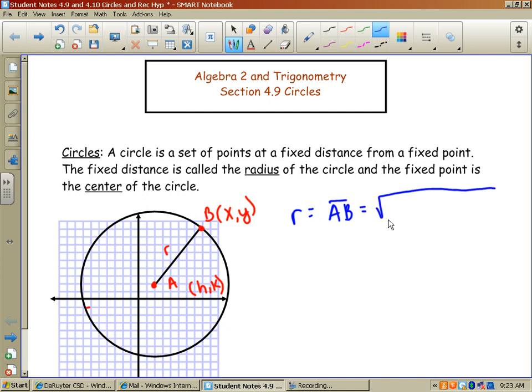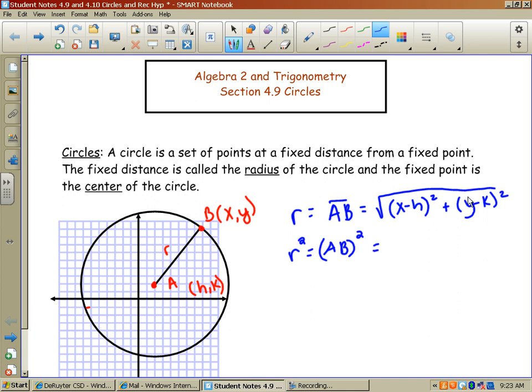Distance formula is the square root of the x values subtracted and then squared plus the y values subtracted and then squared. Well, if we square both sides, we get AB squared, or R squared.